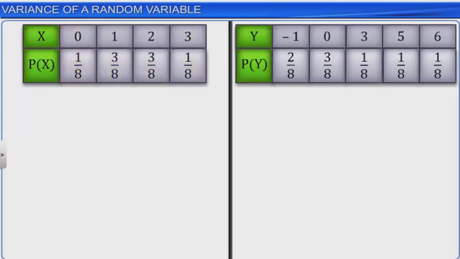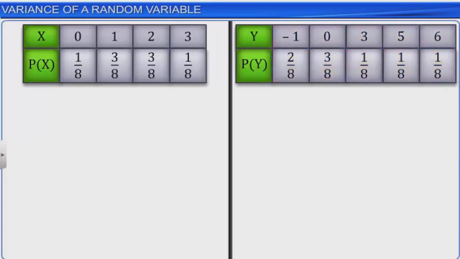In the second distribution, the possible values of random variable Y are -1, 0, 3, 5, and 6. Their respective probabilities are 2/8, 3/8, 1/8, 1/8, and 1/8.